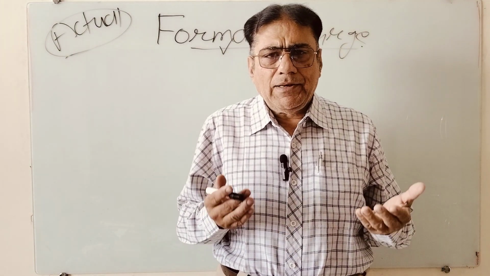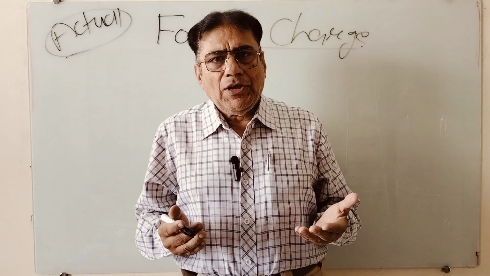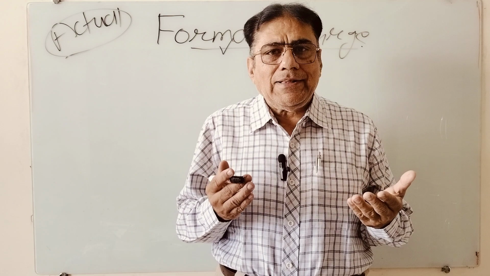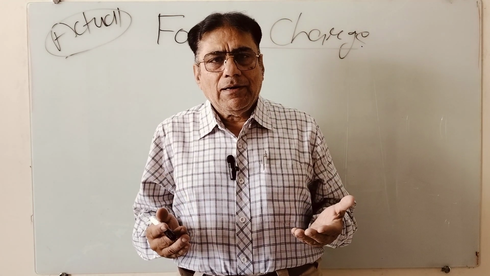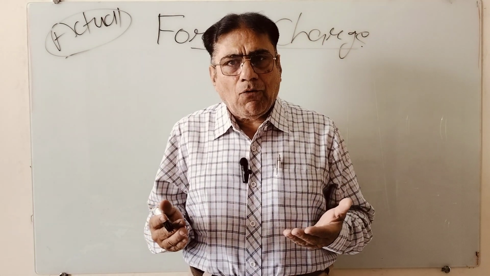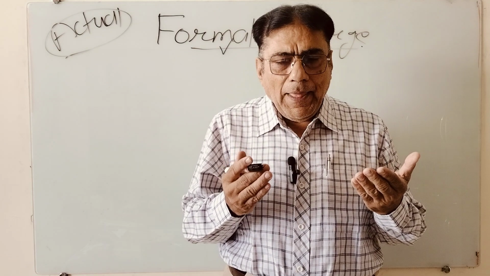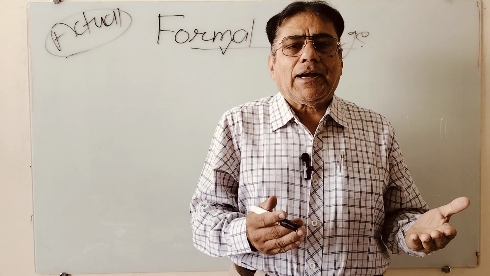In words I can define, formal charge is the difference between the valency shell electron of any element minus total number of electrons assigned by the Lewis structure to that atom.